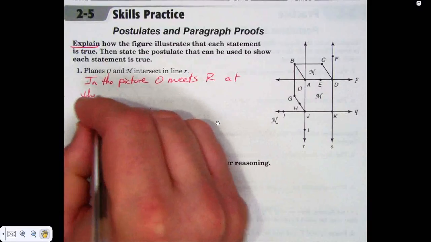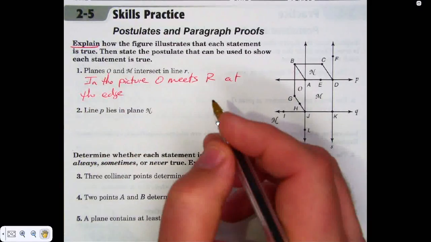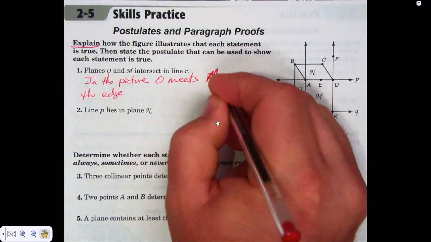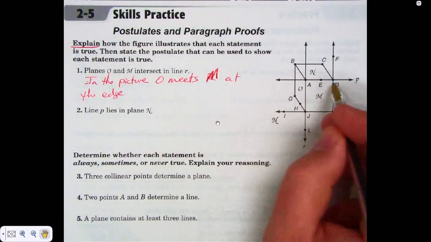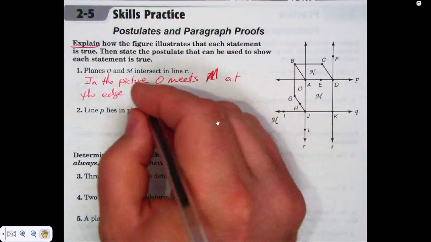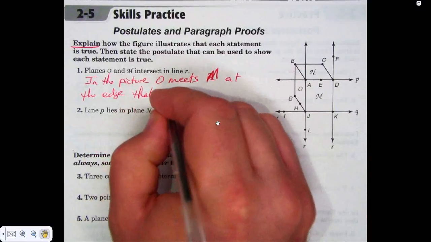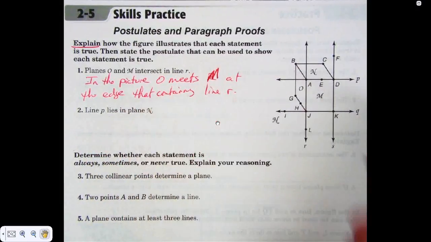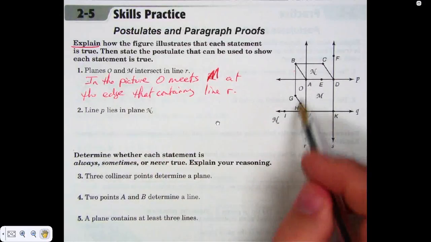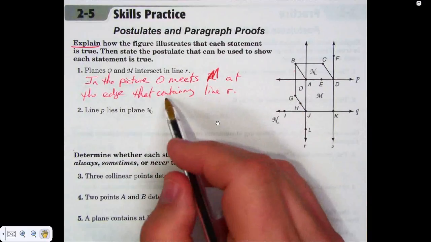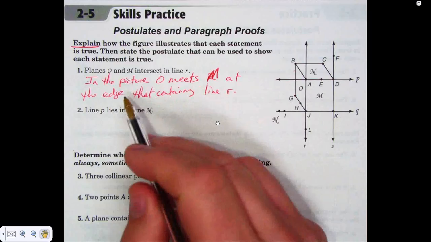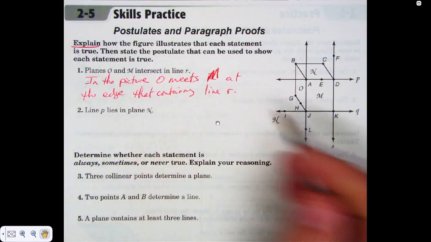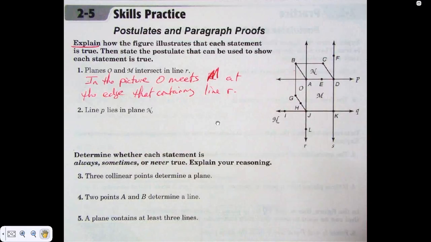At the edge, or O meets not R, but O meets M, the other plane. Okay, O meets M, right? At the edge, that contains line R. Isn't that what we're looking at? They met at that edge. And it doesn't have to be that fancy. You could say O and M meet at the edge. That's line R. You see how I'm trying to, it doesn't have to be perfect.